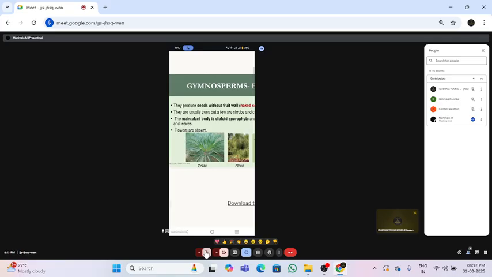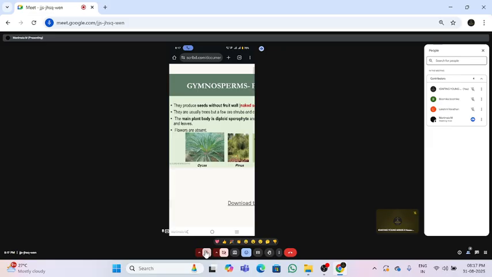The term phanerogams without ovary was given by Goebel. The word gymnosperm means gymno, naked, and sperm, seed. The word naked seeded was used by Theophrastus. Please make a note.